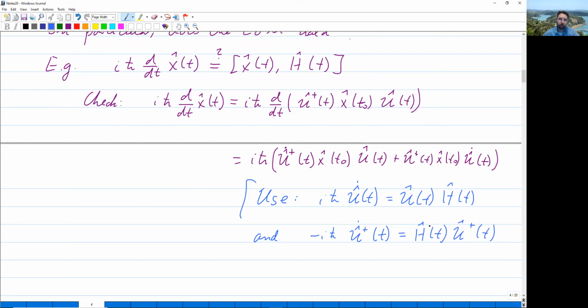In principle, we would need to put a dagger on the h as well, but remember that the Hamiltonians have to be self-adjoint, so we don't have to. But also remember that we took the Hermitian conjugate of this product, and Hermitian conjugation always flips the order of matrices. That's why the h ends up on the left and the u ends up on the right here. Okay, so we have this.